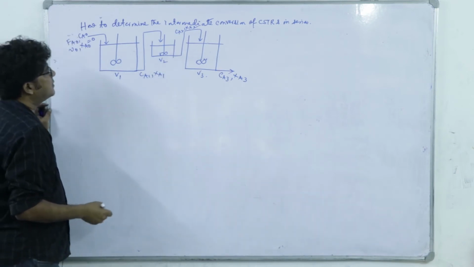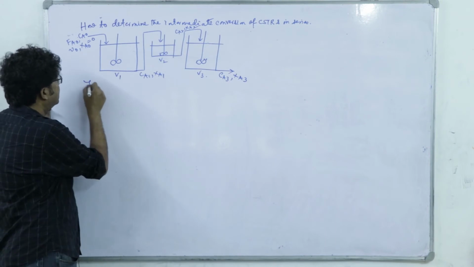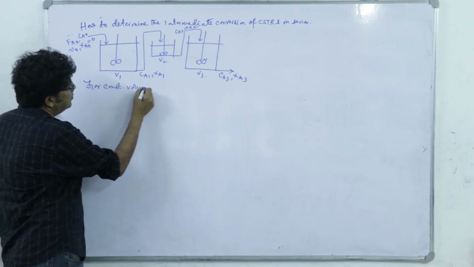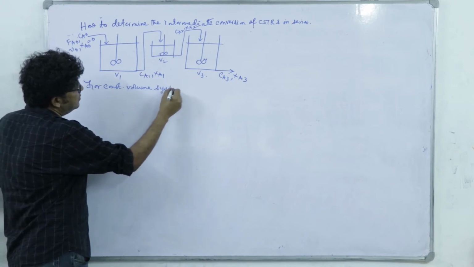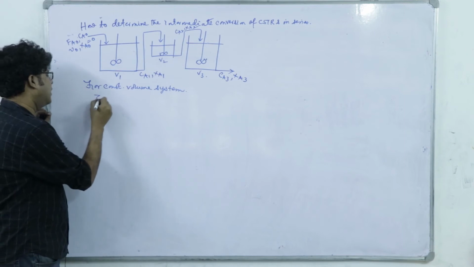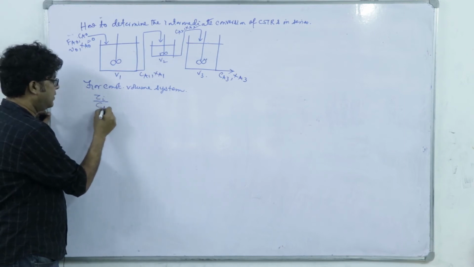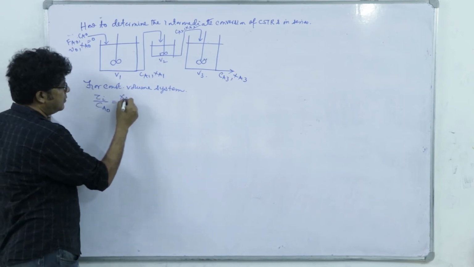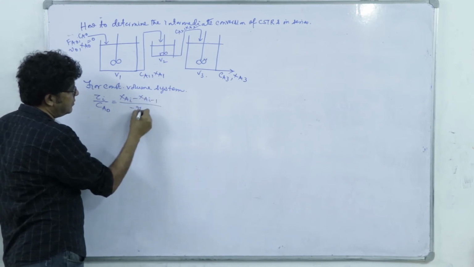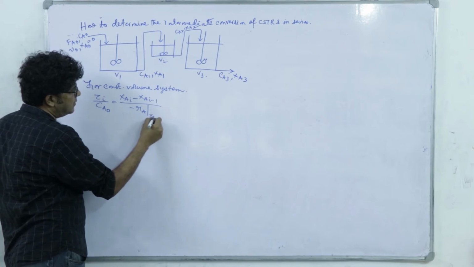Now you see how we can write for constant volume system. For constant volume system, tau i by Ca naught is equal to Xai minus Xai minus 1 divided by minus Ra at Xai.